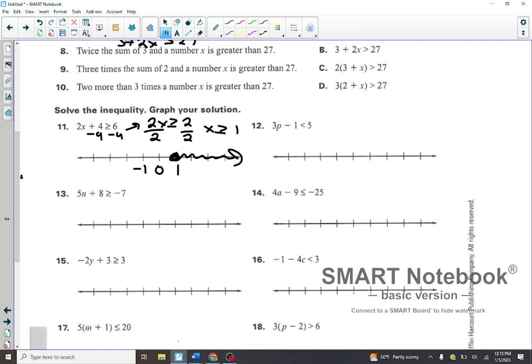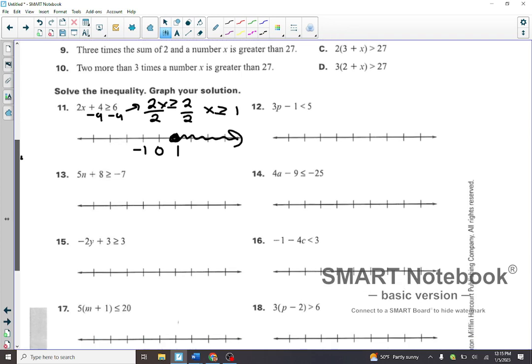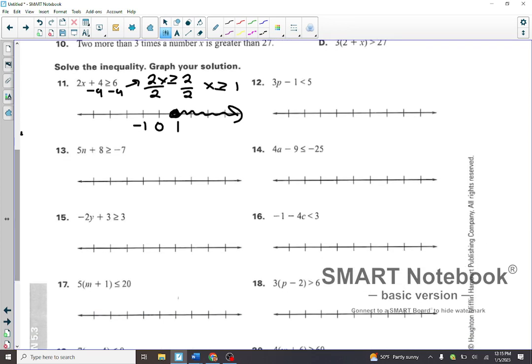Is there anything else that's a little interesting? Let's do 15. Hopefully this answers your question. This one, minus 3, minus 3. Negative 2y is greater than or equal to 0, because 3 minus 3 is 0. That's left over. Divided by negative 2 on both sides. y is greater than or equal to, what's 0 divided by negative 2? It's still 0.